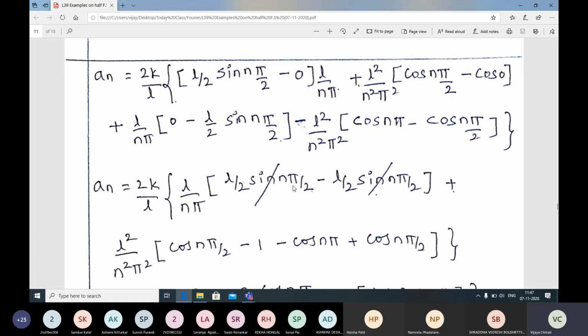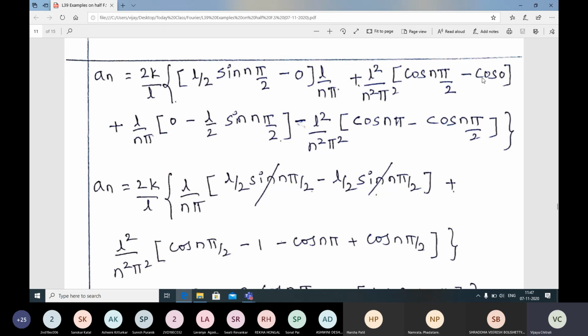L by 2 sine n pi by 2. Here 0 is there, here 0 is there. Plus into minus is minus L by 2 sine n pi by 2. So plus L by 2 sine n pi by 2 and minus L by 2 sine n pi by 2, plus minus gets cancelled. So this term will be what here? 0, right?